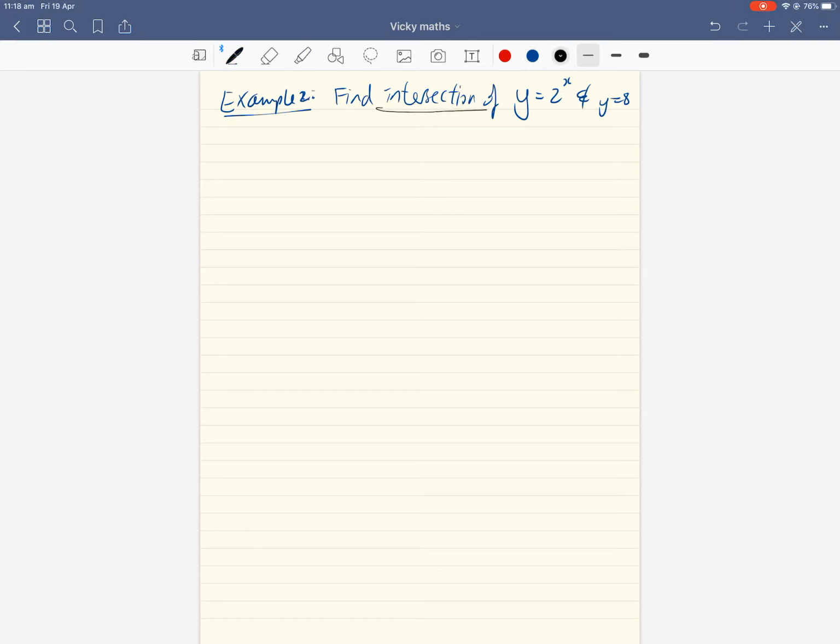Intersection means we're trying to equate or make equal these two equations. So we've got y equals 2 to the x and we've got y equals 8. So essentially we need to equate 1 and 2 if we're trying to find the intersection or where these two graphs cross over. So essentially 2 to the x equals 8.